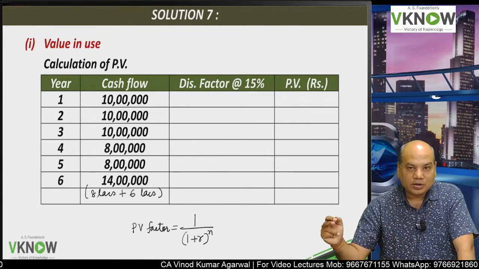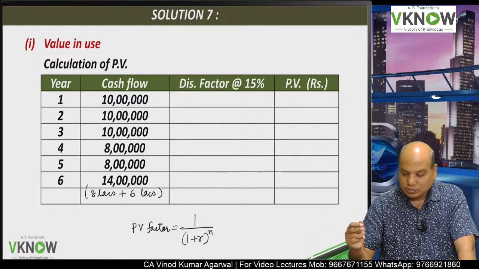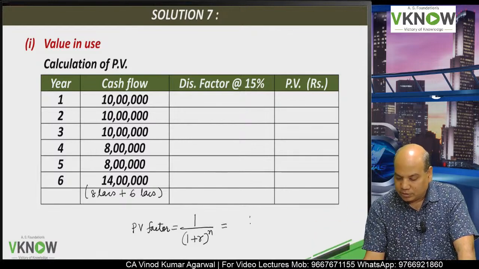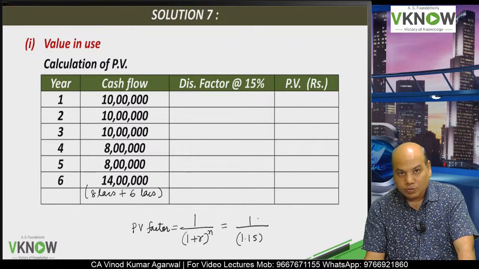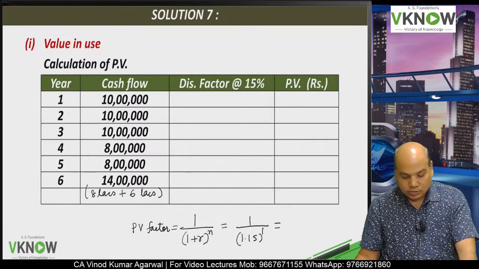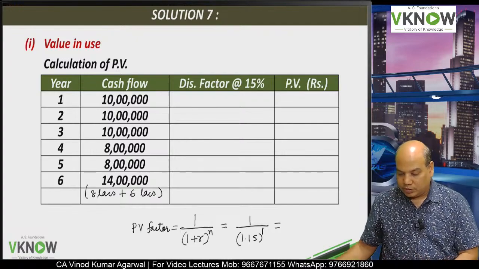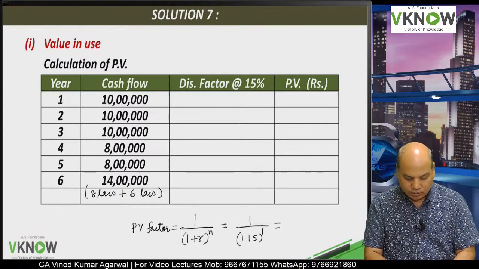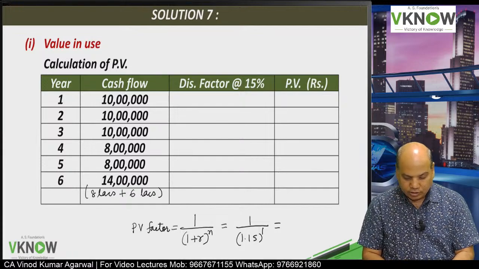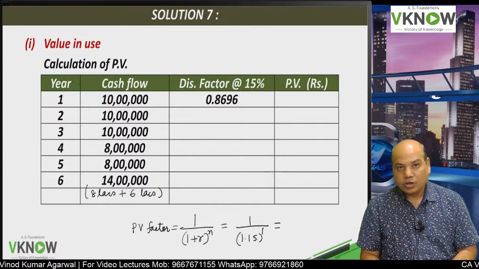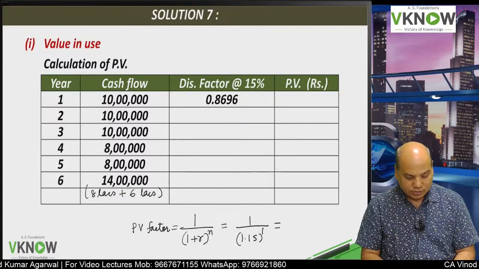If you receive 1 rupee after 2 years, what is the present value? For example, for year 1, 1 divided by 1.15 equal to, so you write down 0.8696.